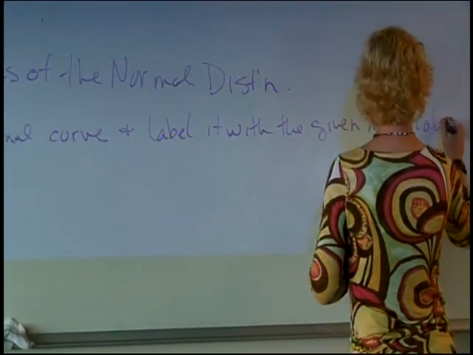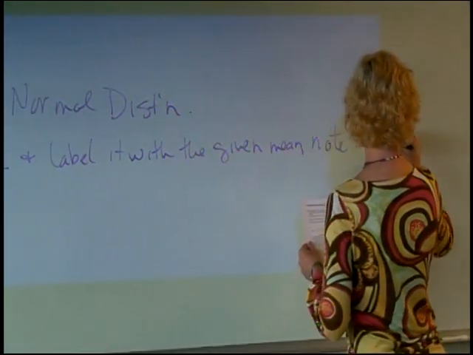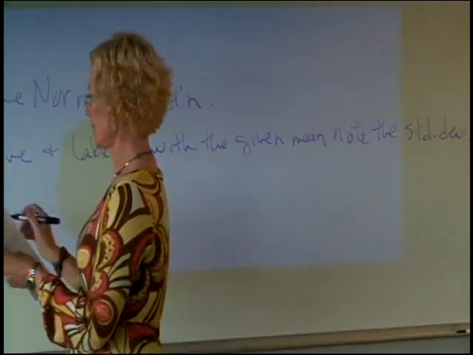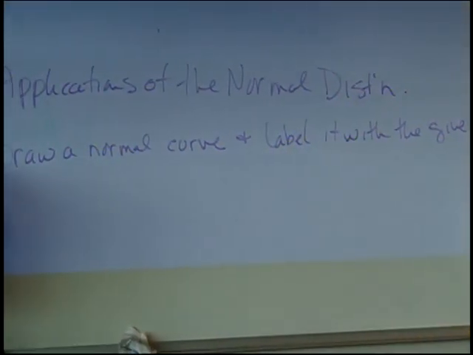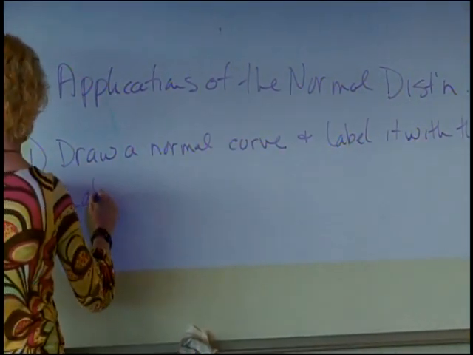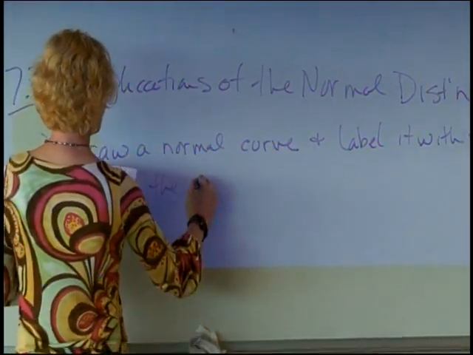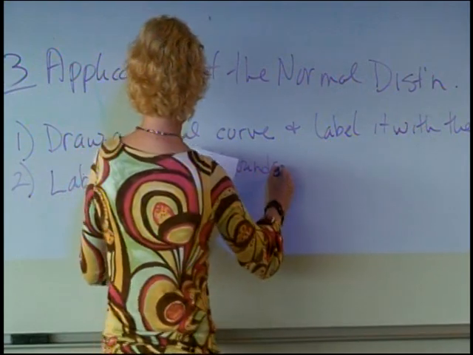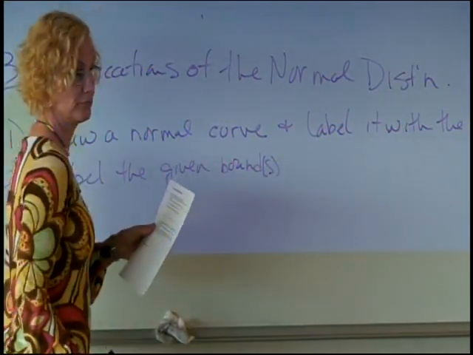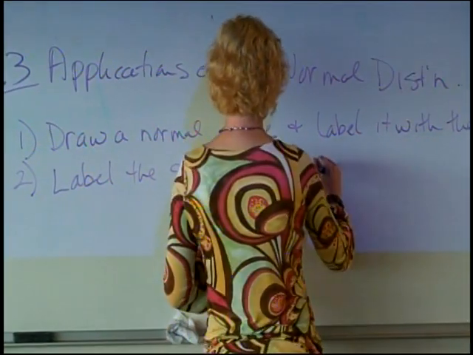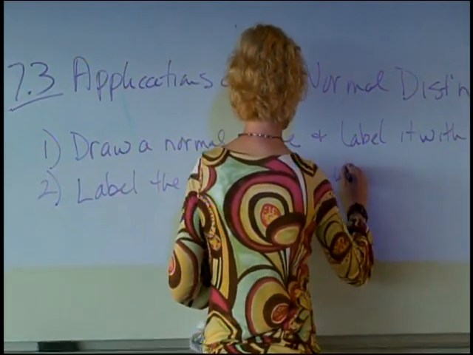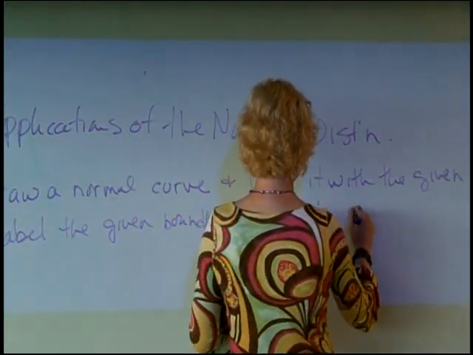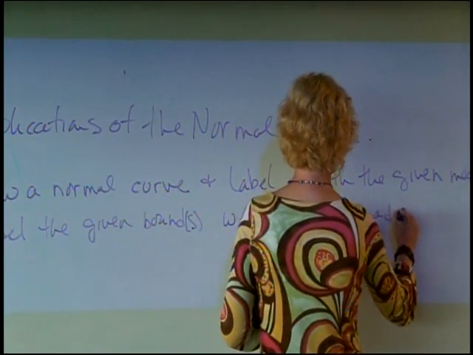We're going to note the value of the standard deviation. We're also going to label the given bound or bounds, depending on how many there are, with an X or X's, and we're going to shade the area of interest.